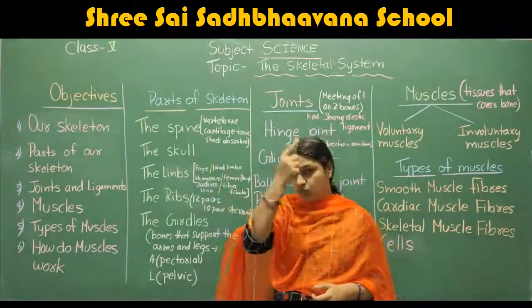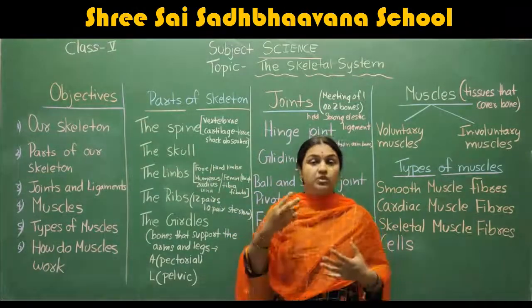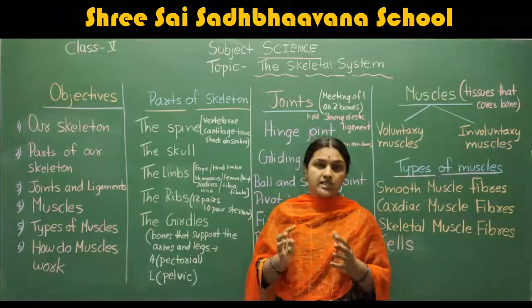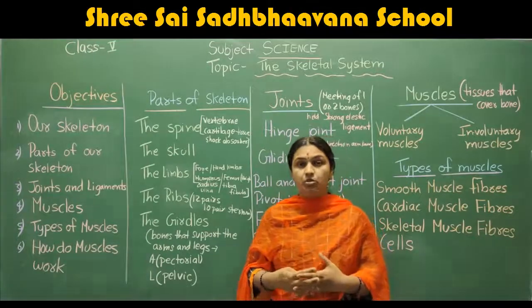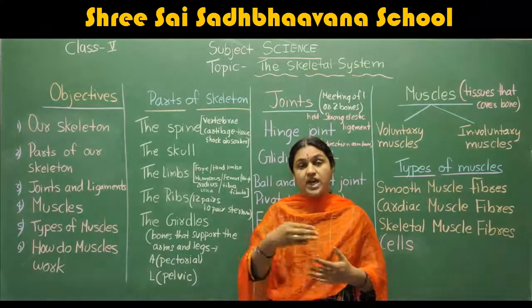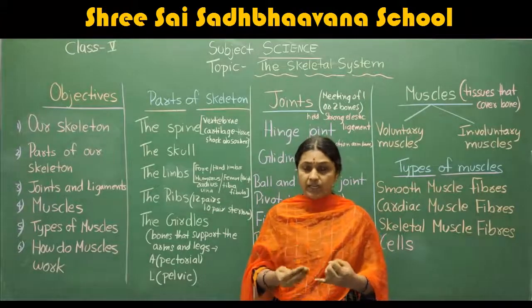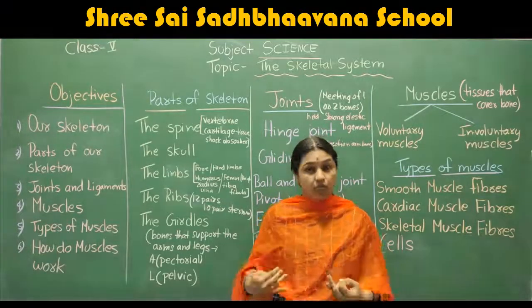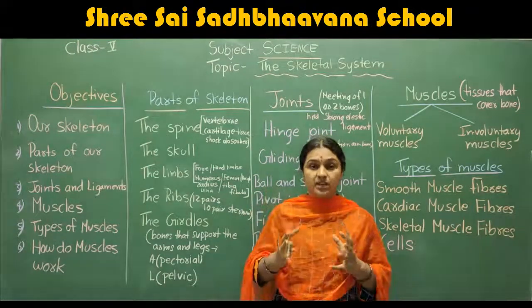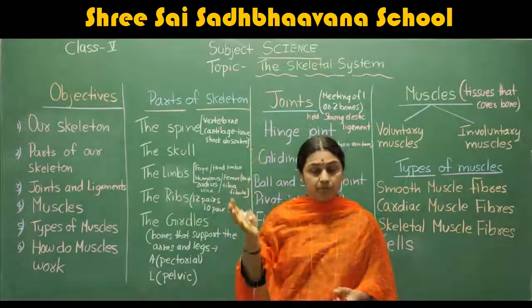The skull, which we can see over here, is the part where we find the brain. Now, the skull is made up of 22 bones, and it protects our brain. And we all know that the brain is one of the most important organs in the human body because it has three other important parts which help in thinking and in the movement of the body. The message is passed and the message is taken back. So the brain is the controlling part of the body, and the skull protects the brain.